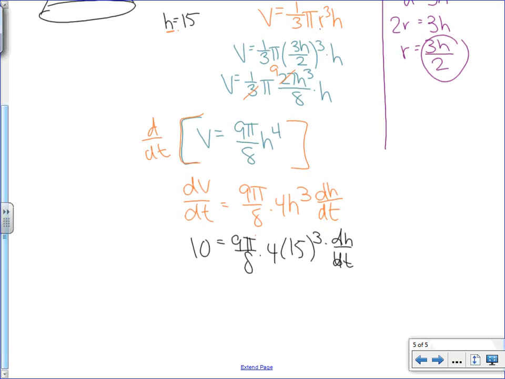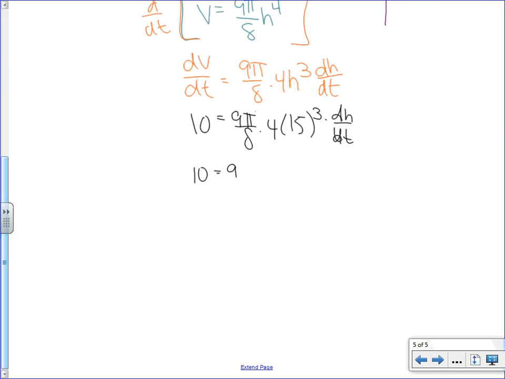And that's going to be 10. Why am I bending down? Wouldn't I be a huge jerk if I gave this to you without a calculator?